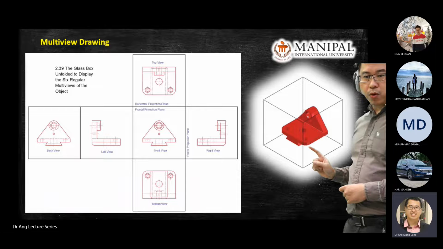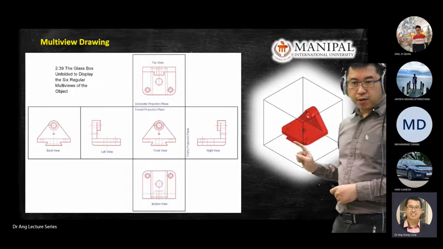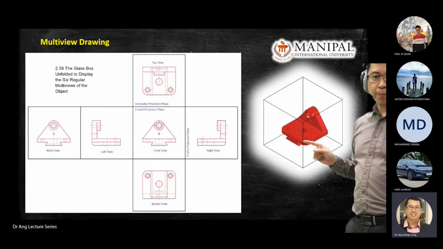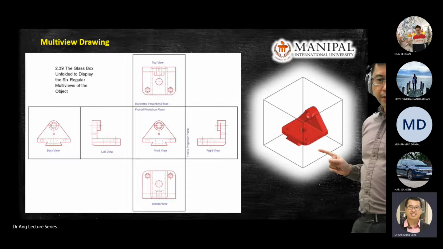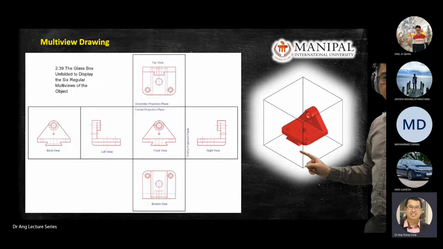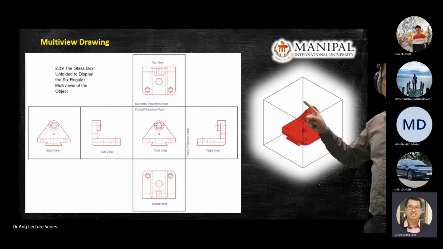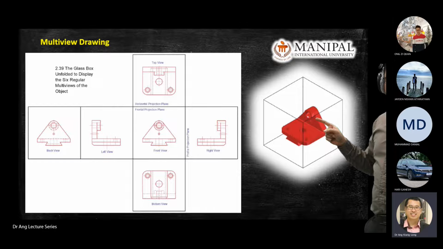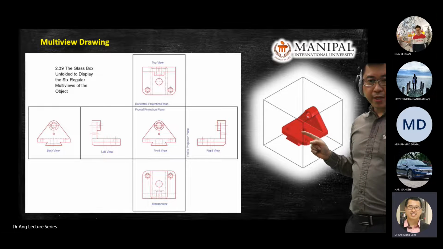Always give your views according to how the object operates in the real case. For example, if you fabricate or use the object in this orientation, then all the drawings should be given according to this orientation. Your y-axis is going up here, your z-axis here, your x-axis here, meaning your drawing has a reference point there.